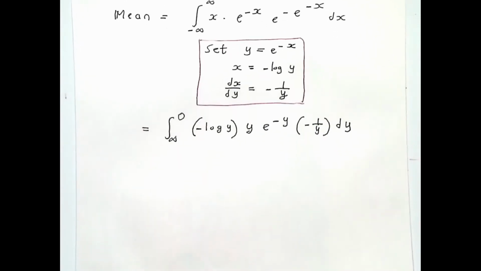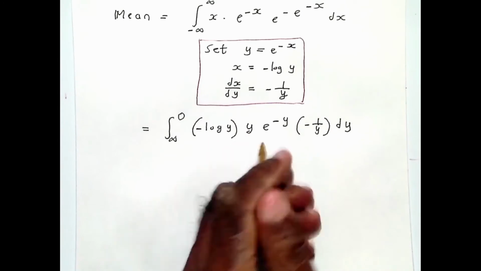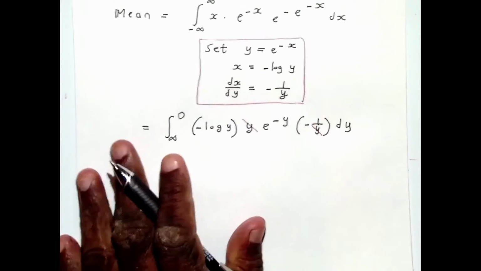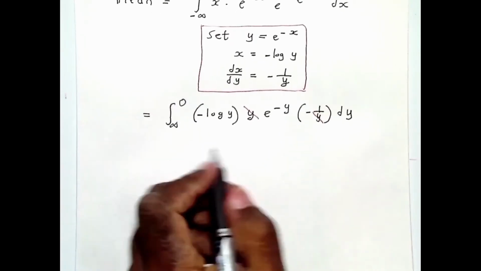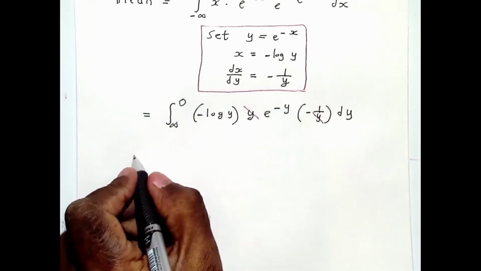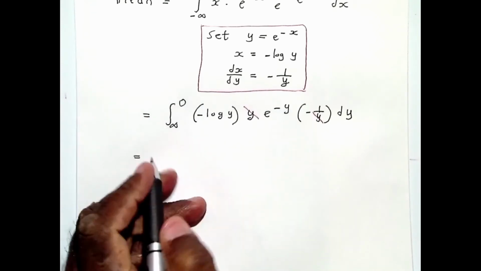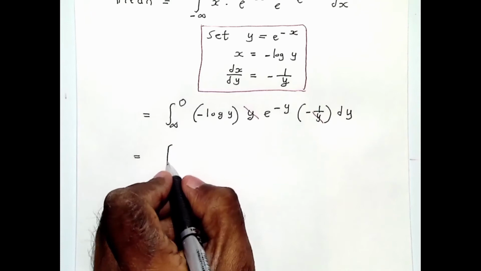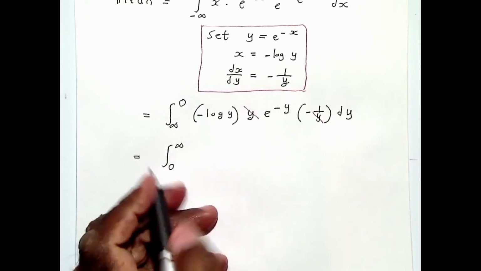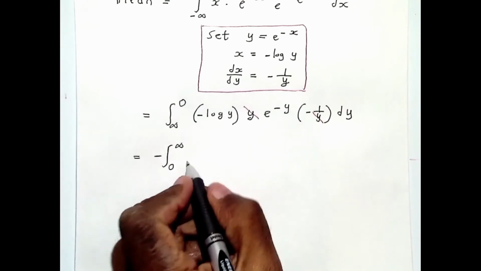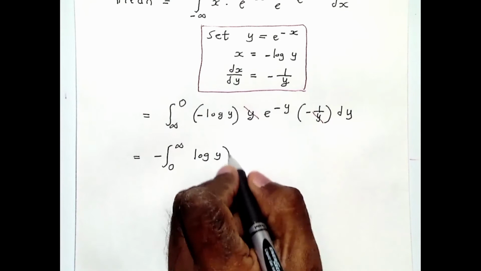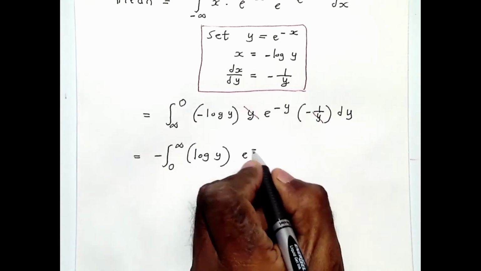Now you see the y here cancels out with the y here. I'm going to use the minus sign to switch the limits from infinity to 0 to 0 to infinity, and pull the minus outside. So minus the integral of log of y e to the minus y dy.